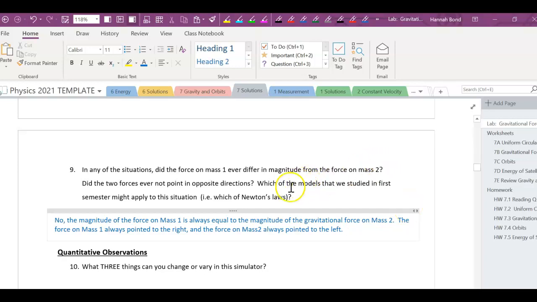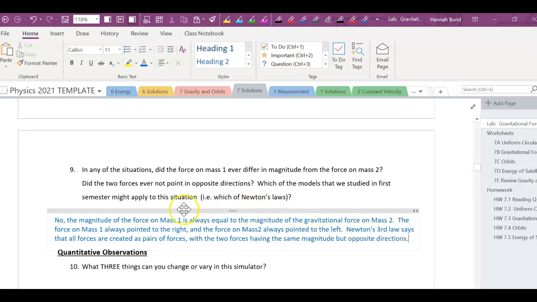So then the question is, which of the models that we studied in first semester might apply to this situation? And I think I remember that Newton's third law says that all forces are created as pairs of forces with the two forces having the same magnitude but opposite directions.